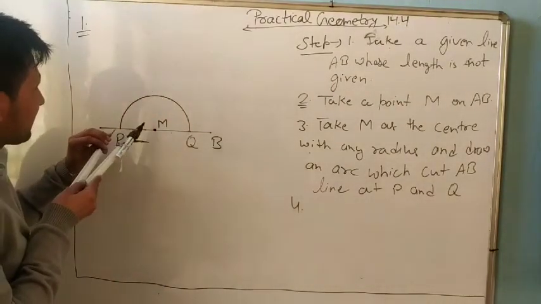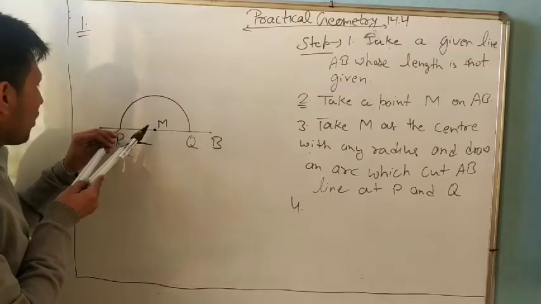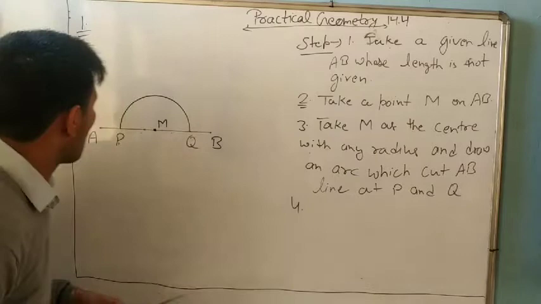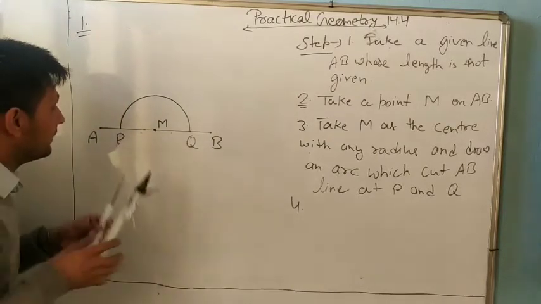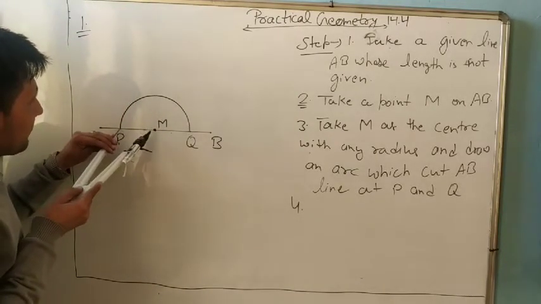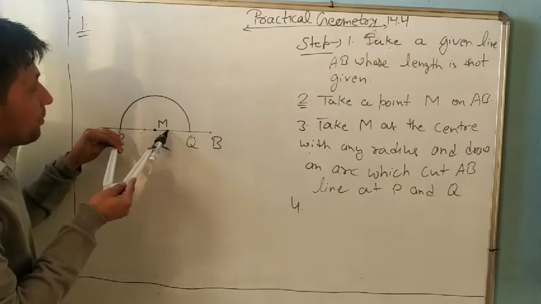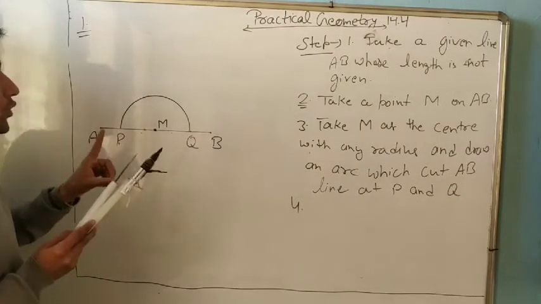Put the pointer at P or Q and open the compass more than PM. It is less than PM but more than PM, it is more than PM, yes? More than PM.